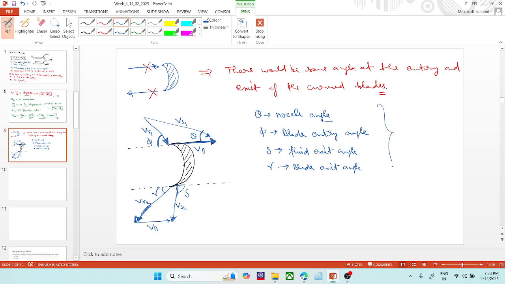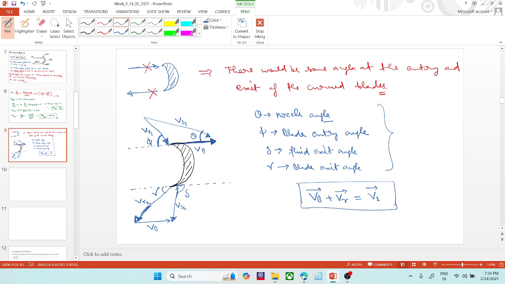So in most of the problems, our aim would be to determine these four angles, then the magnitude of different velocities. Then we would be able to determine the impulse force. Every time you have to remember that in any case, the blade velocity VB plus the relative velocity VR would be equal to the absolute jet speed.